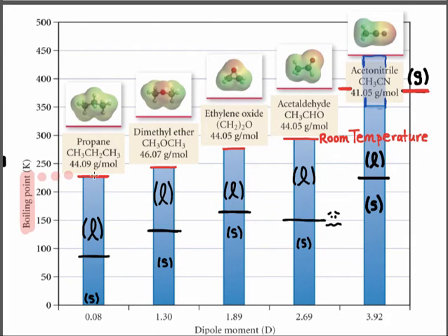So this is below room temperature. Here's an inconsistency in the pattern, but still, you've got to believe me. Overall, the melting and boiling temperatures increase with increasing dipole moment, with increasing polarity, with increasing lopsidedness.